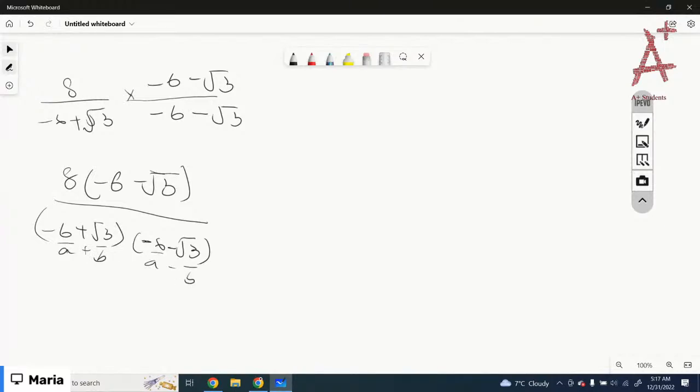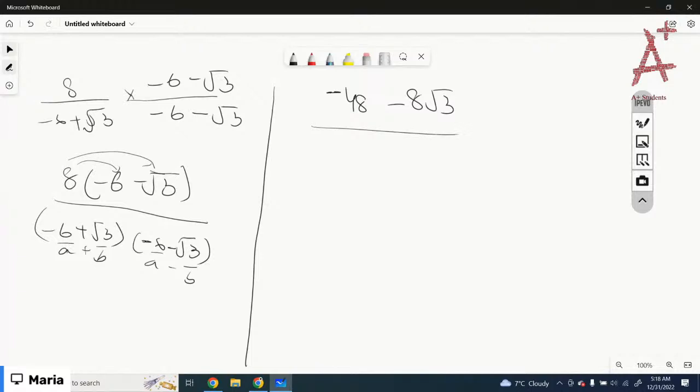Got it? So for the numerator, you have to multiply 8 with both the things inside the bracket. 8 times negative 6 would be negative 48, and 8 times negative root 3 is negative 8 square root 3. Got it? And then they are a square minus b square.